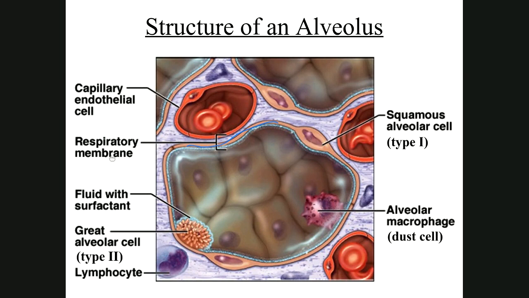What are the three components of the respiratory membrane that you need to know? One is the type 1 alveolar cells. Two is the basement membrane.